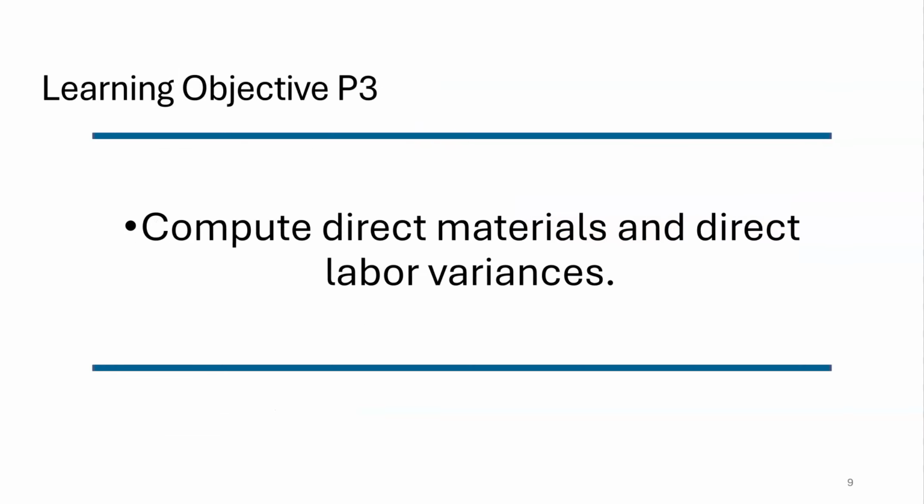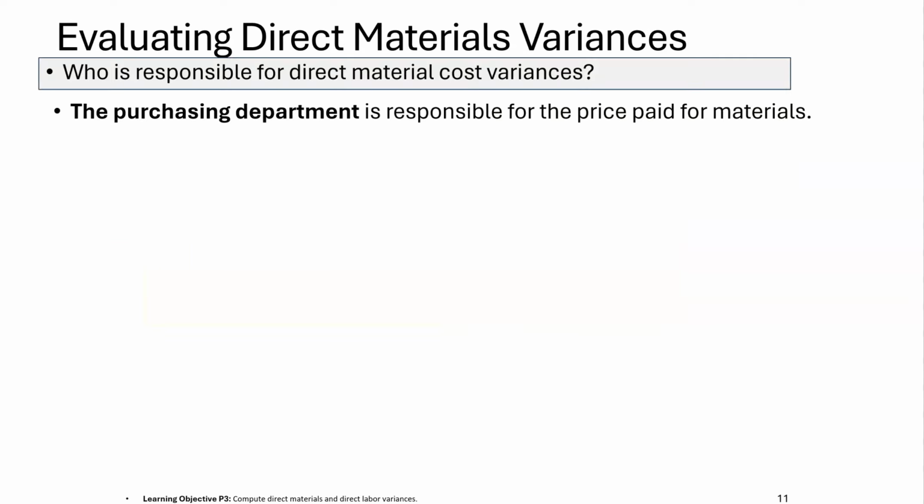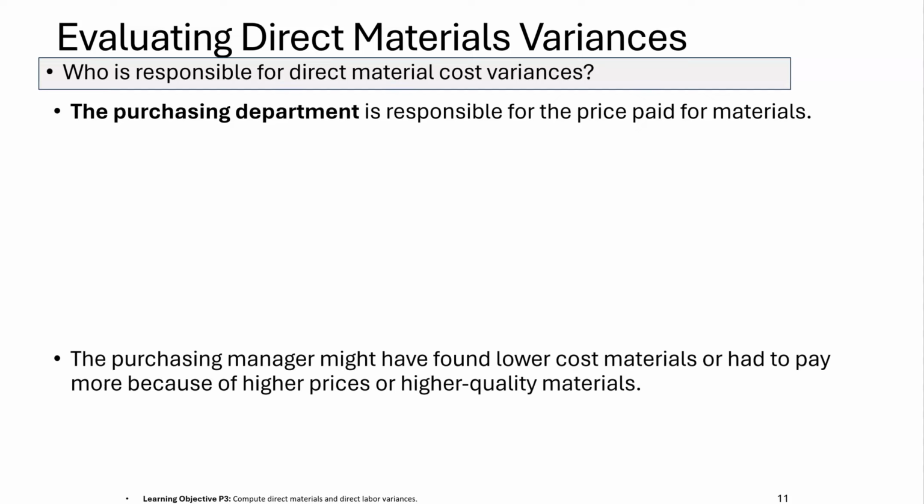So now we'll first look at our direct material and direct labor variances. There are two main factors that cause material and labor variances. One is we pay more or less than what we should have, or we use more or less than we should have. That's really what this whole formula comes down to. The purchasing department is responsible for the price paid for materials.